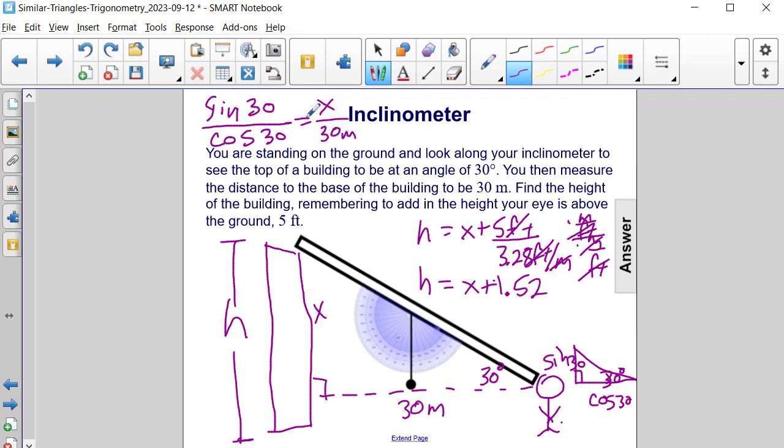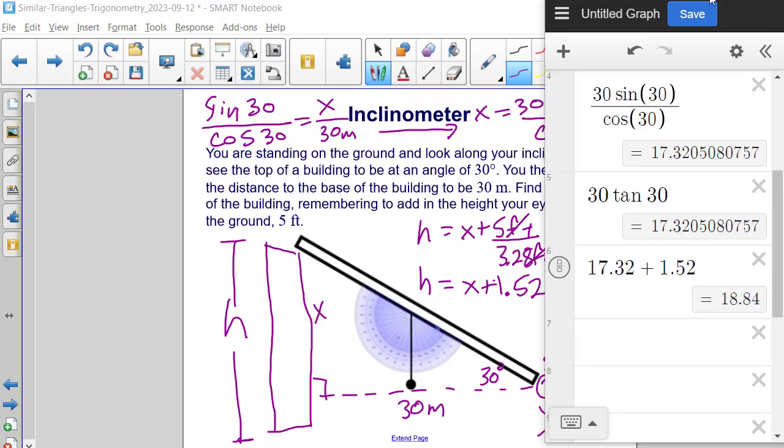And if we cross multiply and divide, we will get that x is equal to 30 meters times the sine of 30 degrees divided by the cosine of 30 degrees. And when we evaluate that in a calculator, we get 17.32.